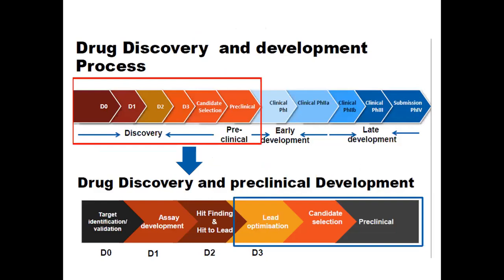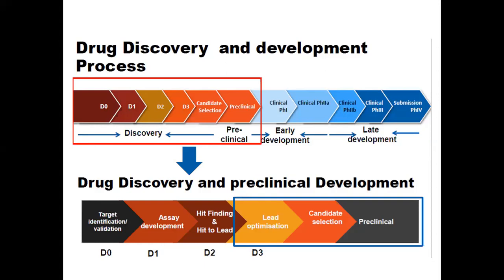Now coming to the drug discovery and development process, as today we are going to discuss clinical drug development. What happens in preclinical development can give us a better understanding. Drug development starts from target identification and validation, so we need to understand the target first.